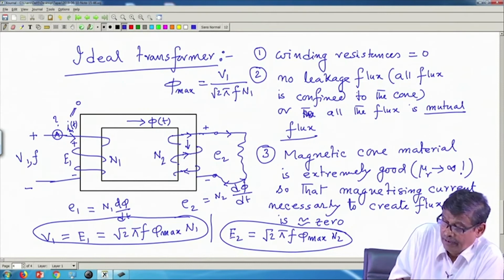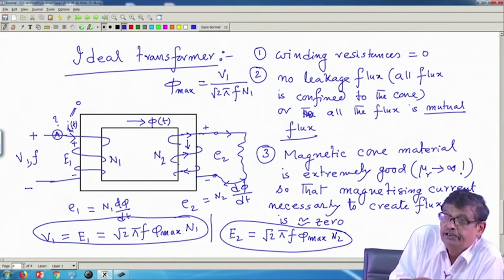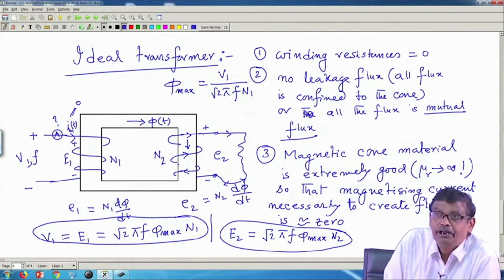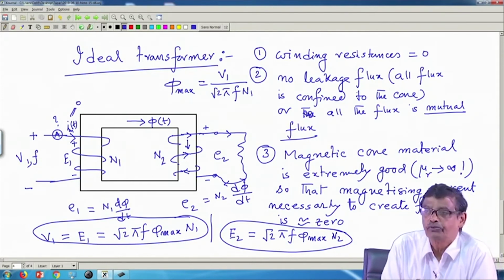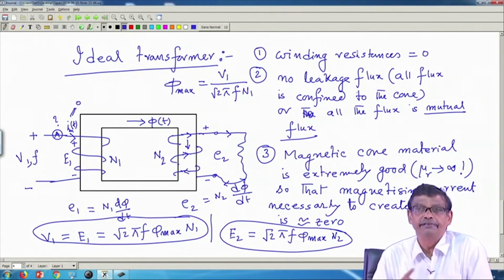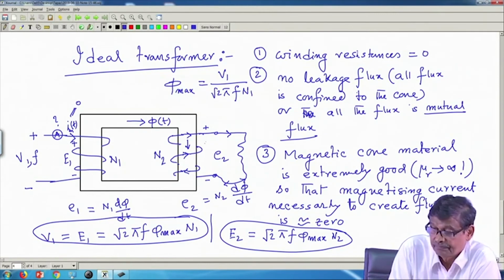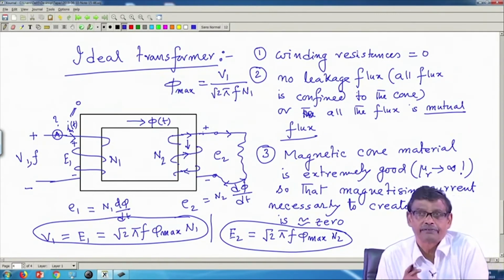So, this coil, when it delivers current, will create flux in a direction opposite to this phi t which has been created by this one. So, it is trying to oppose the very cause for which it is due. Therefore, at a given instant of time, if this terminal is plus, this terminal is also plus.